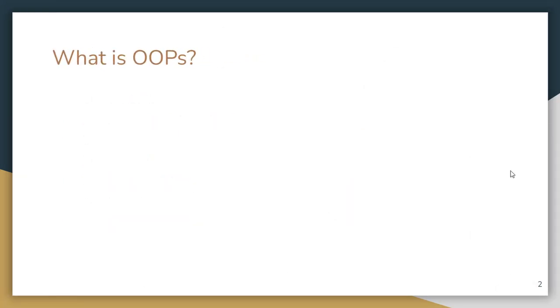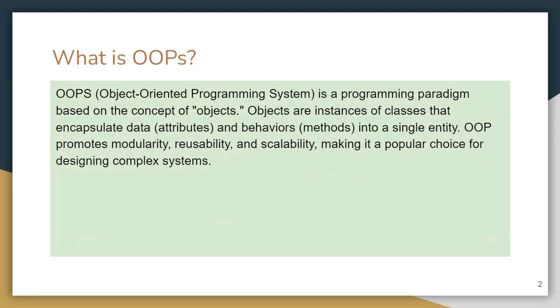What is OOPS? The full form of OOPS is object-oriented programming system. It is a programming paradigm based on the concept of objects. Objects are instances of classes that encapsulate data, that is attributes, and behaviors, that is methods, into a single entity.